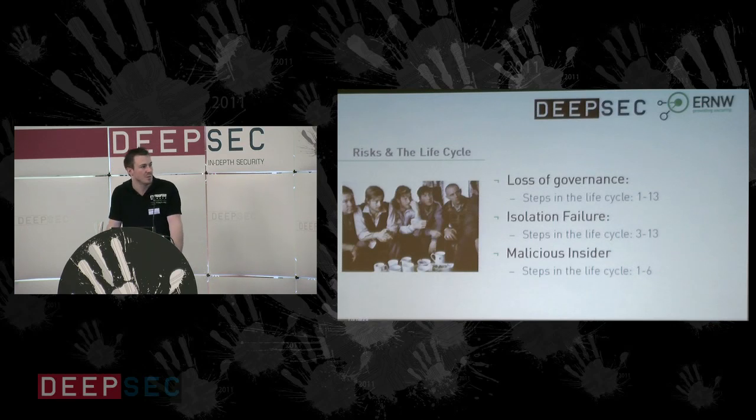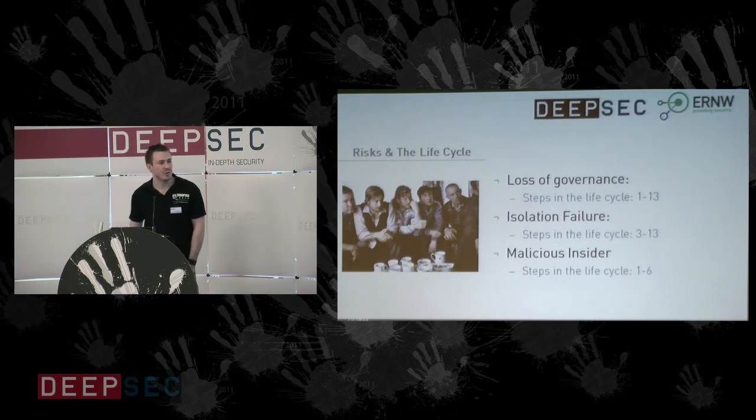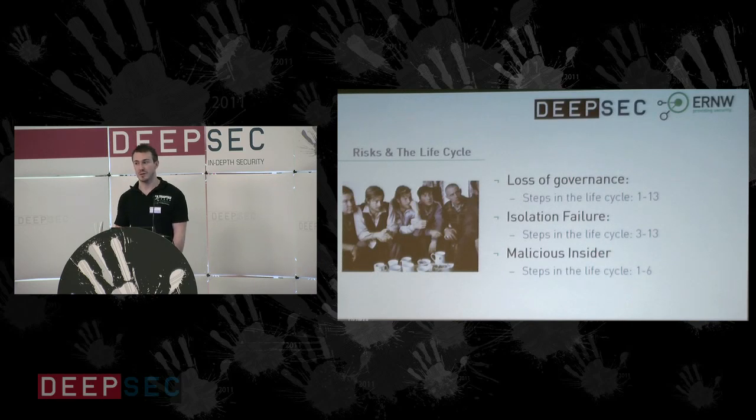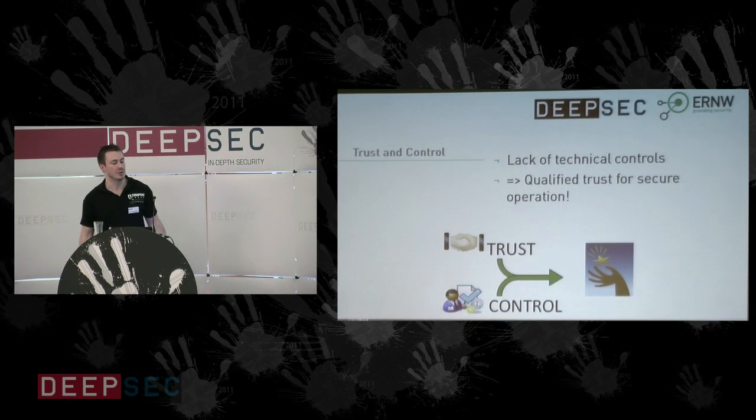There are other ones which are more relevant from my point of view. But still, you cannot mitigate these risks because you cannot tell the cloud service provider, okay, you do not hire this guy, you only hire this guy. That's not possible. So this is what the system operation lifecycle wants to provide, a short help to structure security concerns. Is this a security concern which we can address, or do we have to trust the cloud service provider?